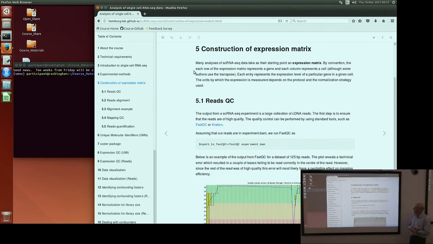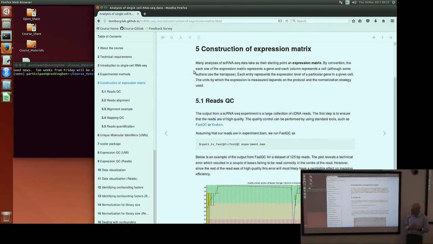And the convention that we'll be using is that it's a matrix where each row corresponds to a gene and each column corresponds to a cell. The number in each element of the matrix corresponds to a suitably normalized level of expression of that gene in that cell. Of course, some people use the transpose for their definition, but that's a fairly trivial operation.